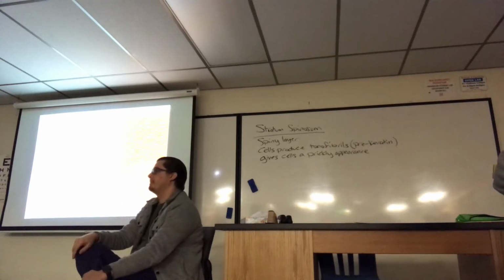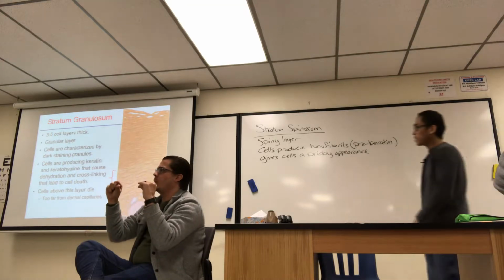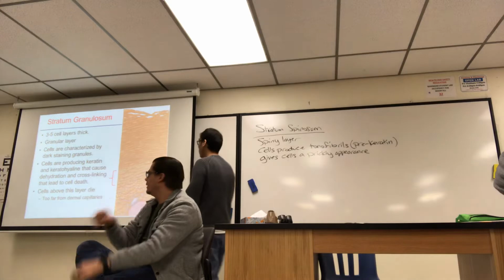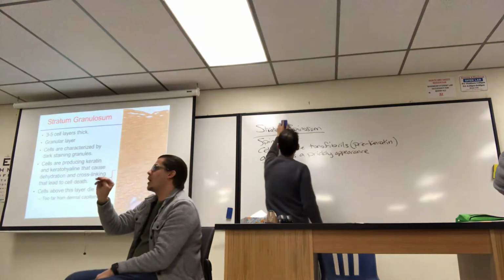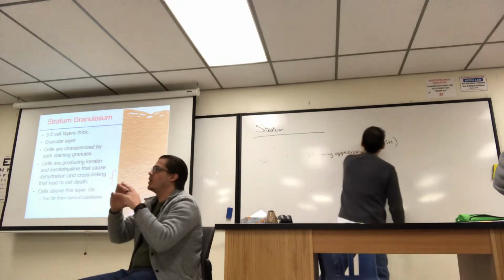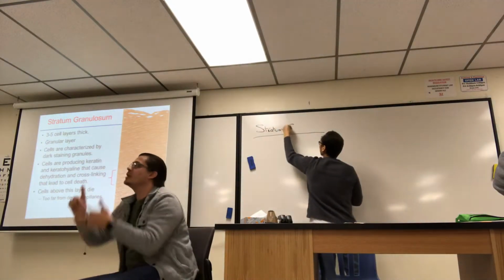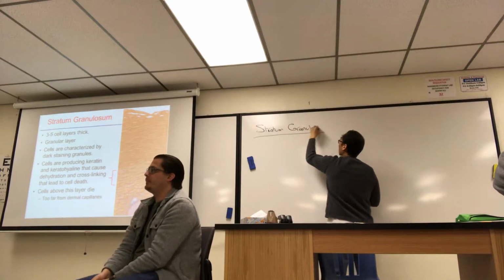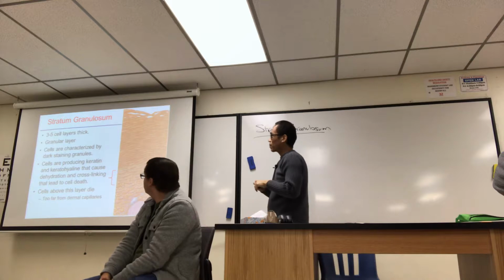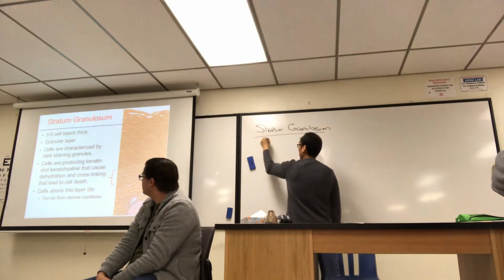As you get pushed to the top, they're squished and become squamous. It's like the cells are being squished to death. So it's this layer here, stratum granulosum. The cells are characterized by dark staining granules.